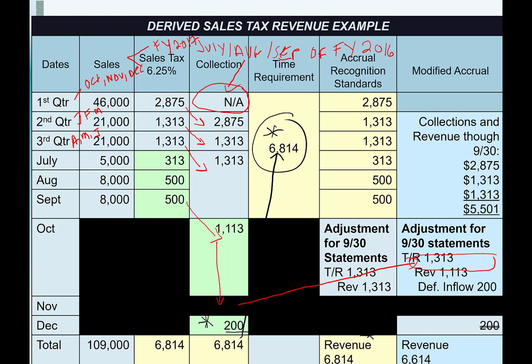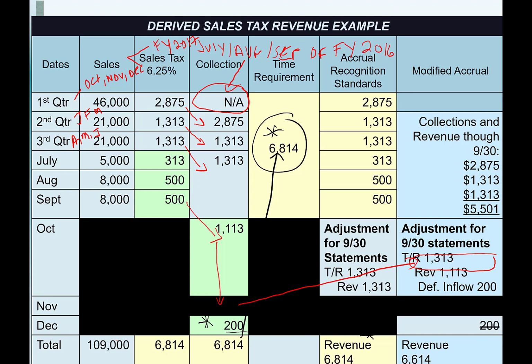Now what happens? Now we get into that last quarter. Okay, and we have, again, sales taxes of 1,113 and 200. Now notice that for full accrual, we take it all, don't we? And we don't worry about when it was collected, because the underlying transaction took place in 2016, didn't it? But for modified accrual, what do we have to do?